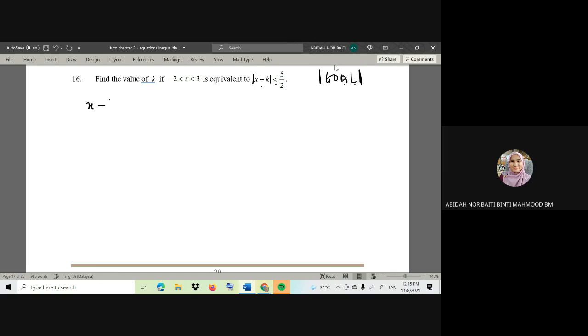So x minus k less 5 over 2. Positive, okay, less n ya. x minus k, satu positive, another one is negative. 5 over 2 less become greater. Okay, jangan lupa tukar sign dia ya.